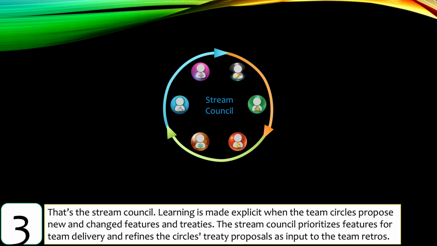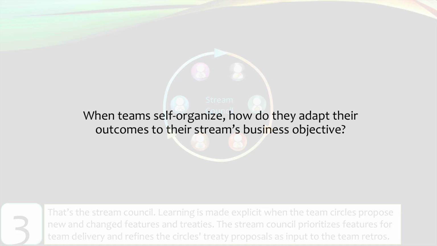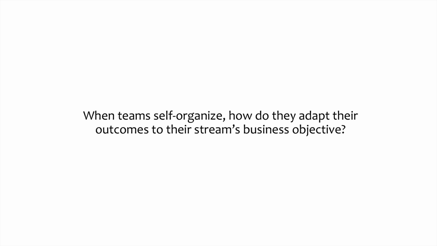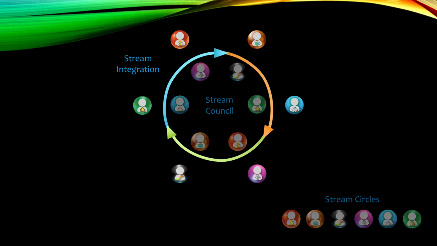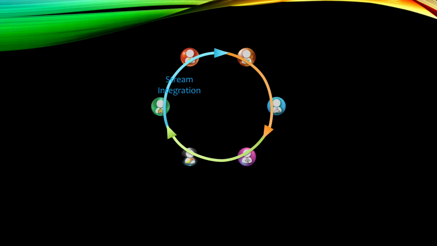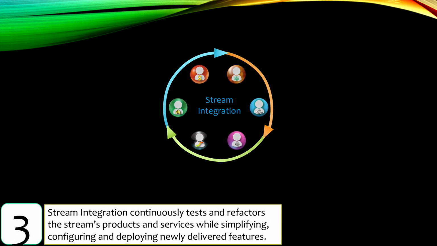The Stream Council prioritizes features for team delivery and refines the circle's treaty proposals as input to the team retros. Team members come together to integrate their outcomes, continuously testing and refactoring the stream's products and services while simplifying, configuring, and deploying their newly delivered features.